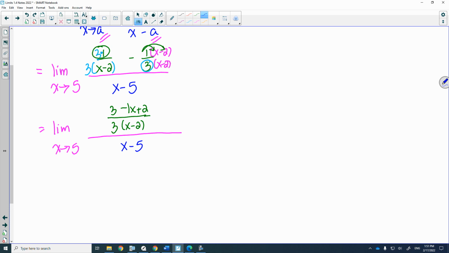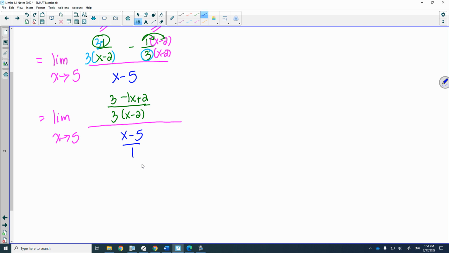Now remember, we're going to have two fractions, because this x minus 5, I could put it over 1. So instead of dividing this fraction by this fraction, I'm going to take this fraction and multiply it by the reciprocal of this. So that's where we're going to be going. So let's actually get there.